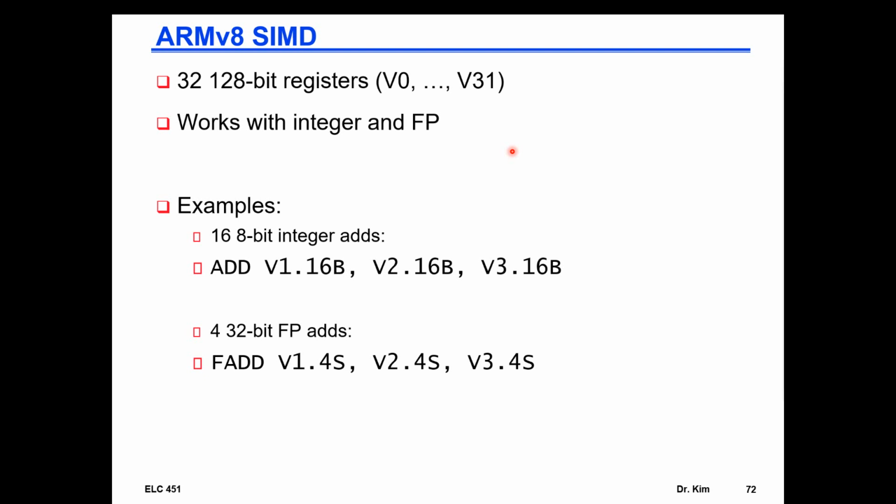So if you wrote add v1.16b, and this is the notation for the vector addition, v1.16b, and here you have v2.16b and v3.16b.